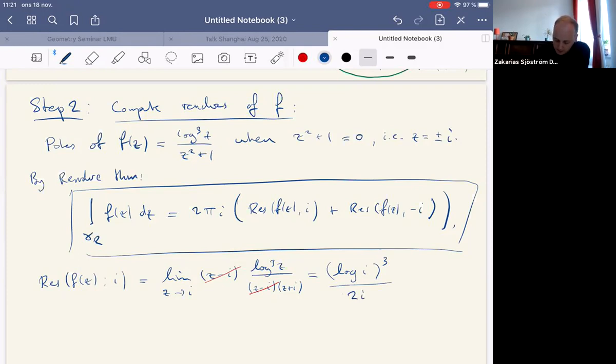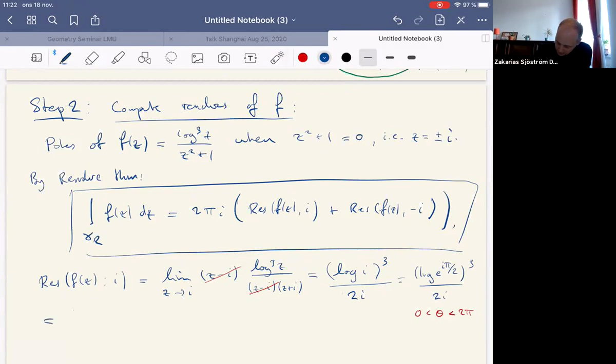But now the question is, how can I simplify log i? Well, that's when you have to be a little bit careful. You have to remember to always work within the correct branch. In the branch we are choosing here, the argument should always be between 0 and 2 pi, which means that everything is fine. We can say this is log, but i is equal to e to the i pi half, because pi half is between 0 and 2 pi.